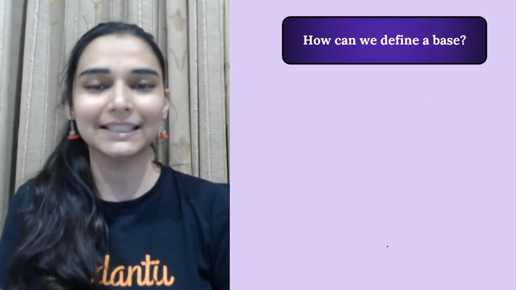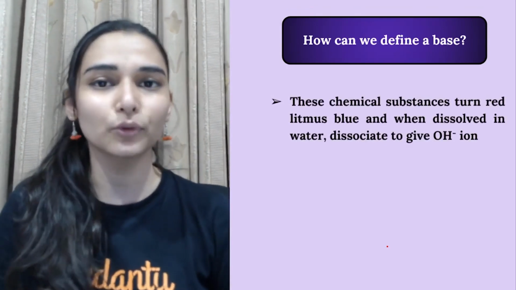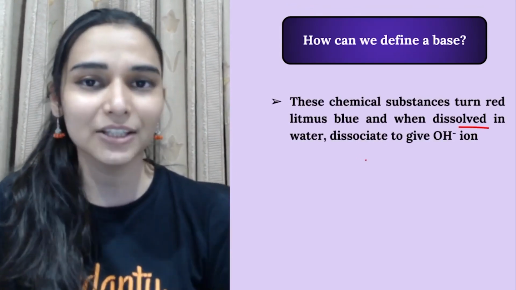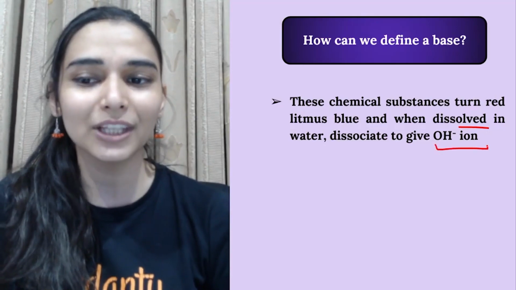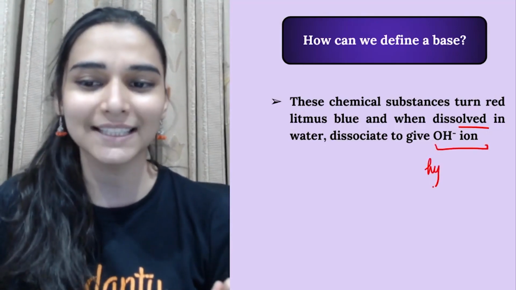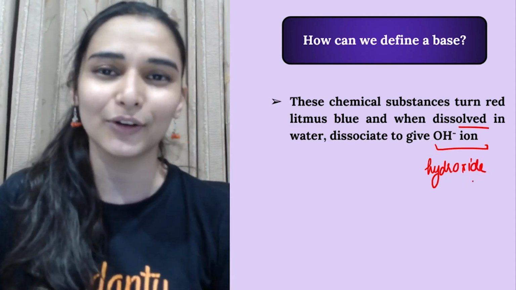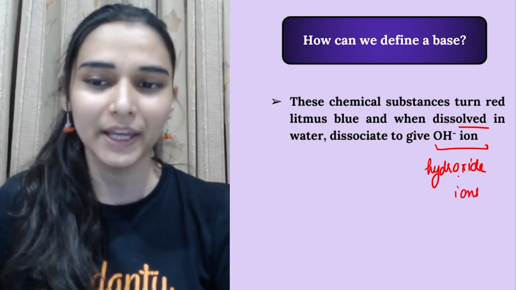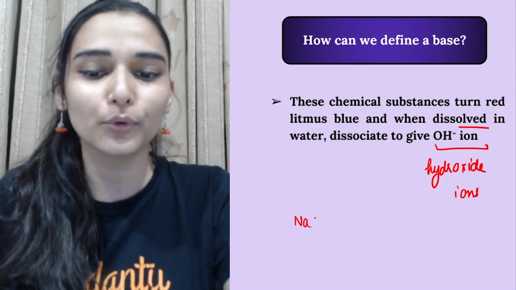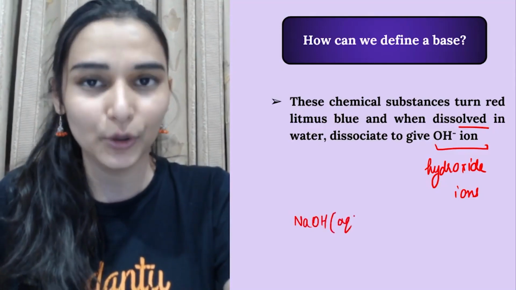Generally, bases can be defined as those substances which, when dissolved in water, give you OH ions, hydroxide ions, or hydroxyl ions as some books say. For example, take sodium hydroxide in aqueous solution.